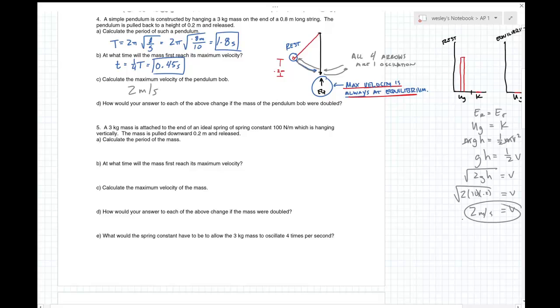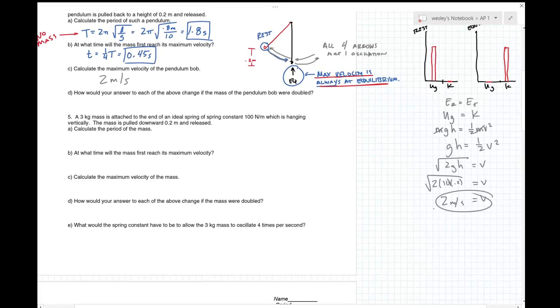Now we're going to do part D and look at how the answer to each of the above would change if the mass were doubled. Looking at each one of these, we'll notice that there's no mass in our calculation of the period.